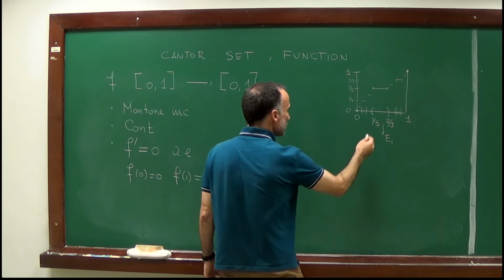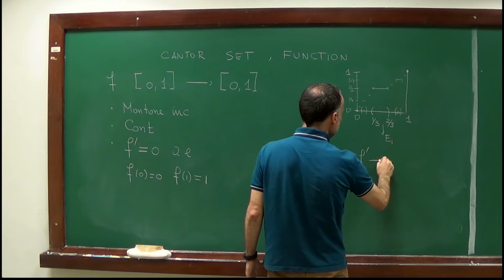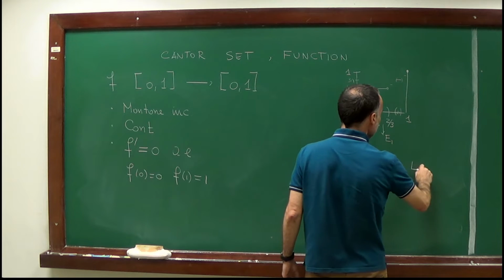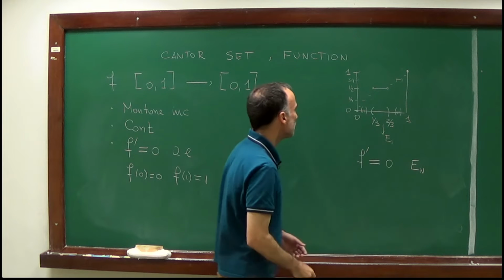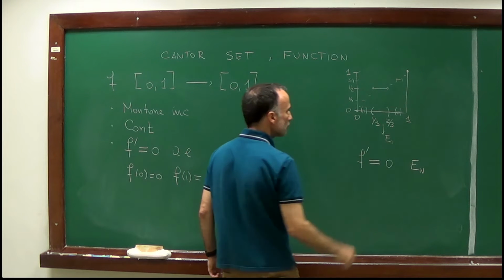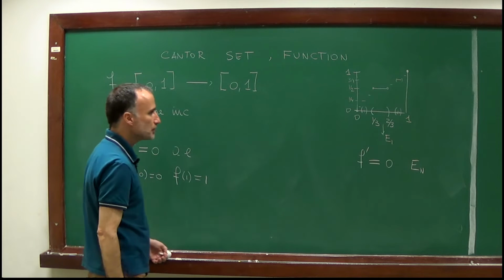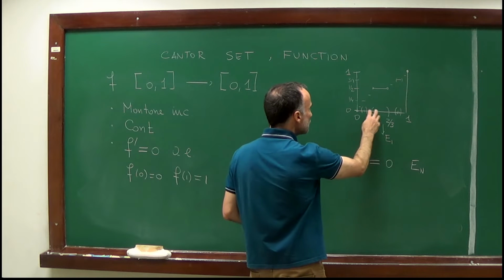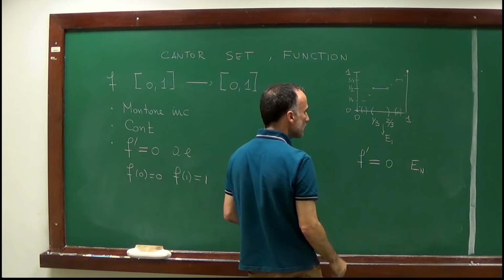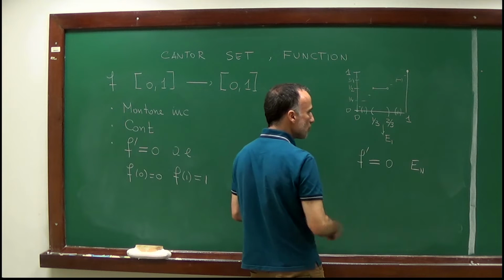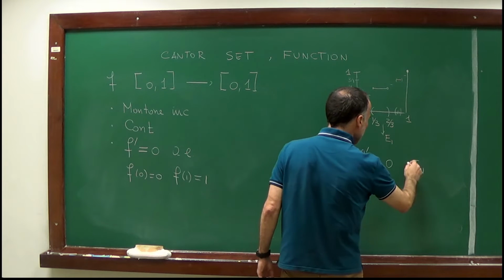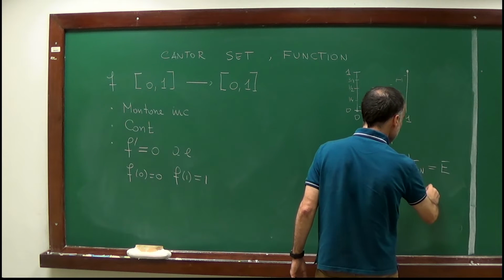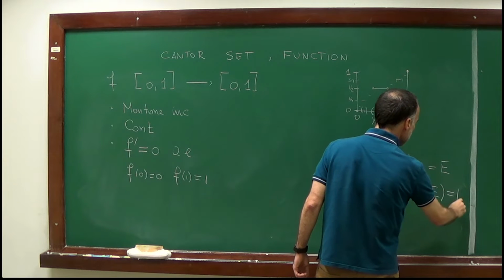And note that this function is such that its derivative is equal to 0 on the set En. Remember that the set En was the complement of the nth step of the construction of the Cantor set, so it was the union of these intervals. On each of these intervals, the function is defined to be constant, so f prime is equal to 0 in each of these intervals, so it will be equal to 0 in the union of these intervals, but this is my set E, and we have shown that the set E has full measure, so it has measure equal to 1.